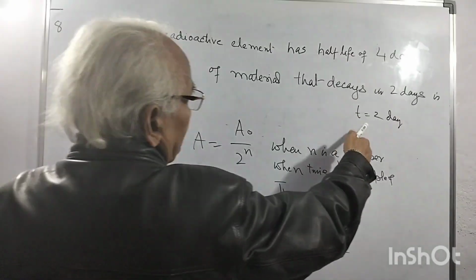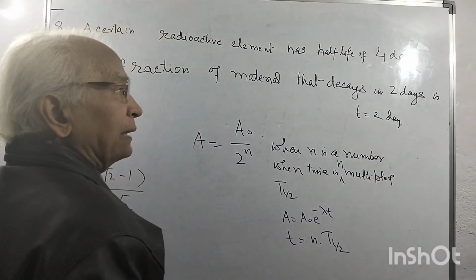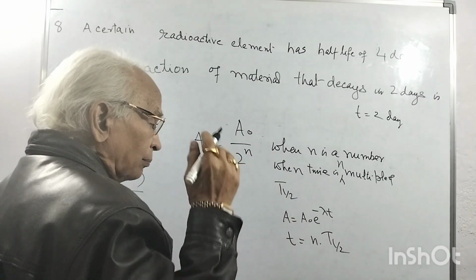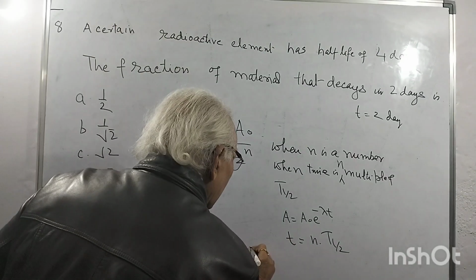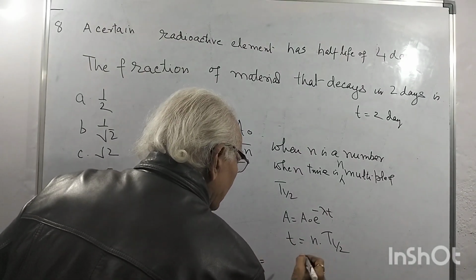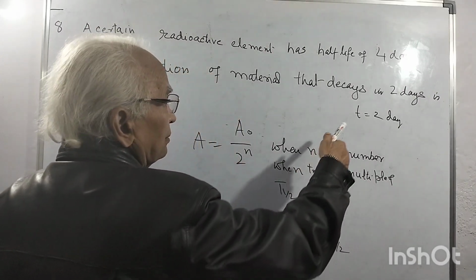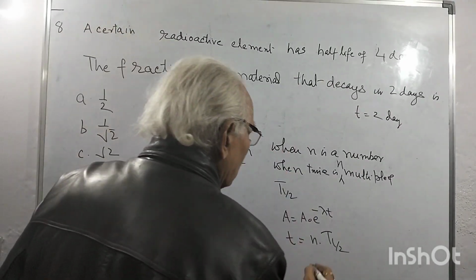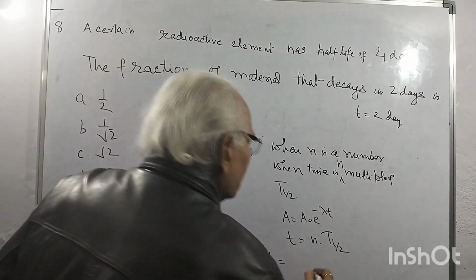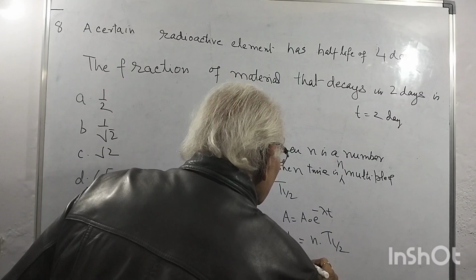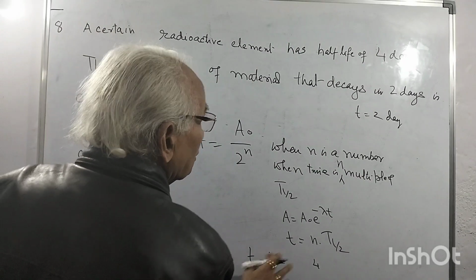So when time is some multiple of half-life, what is the multiple here? Half-life is 4 days. That is, t is equal to n times t half. T half is 4 days, and time is 2 days.